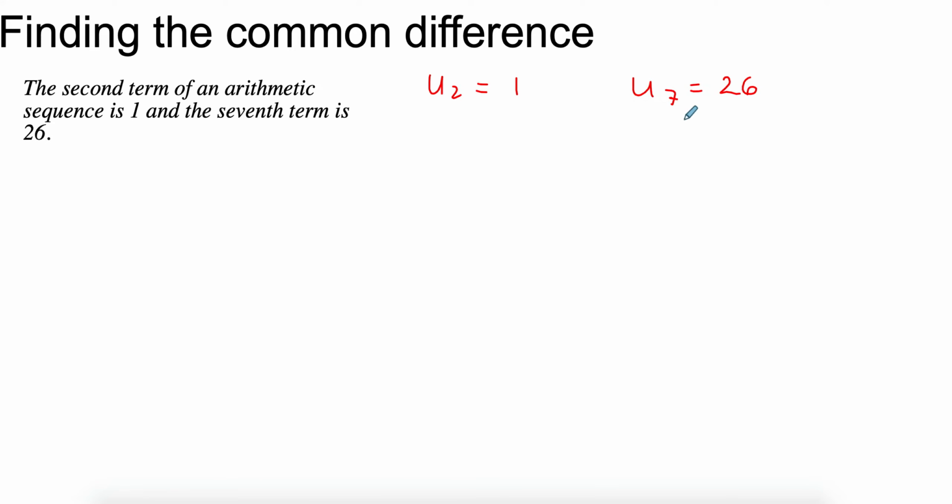So I have this information. Not sure what to do with it. If I use the formula, then I'm left with two unknowns. I don't know the first term, which means I won't be able to solve it like the previous question. But if I lay it out, I know U1 is somewhere here. Then I have 1 as U2, U3, U4, and so on until I get to U7, which is 26.